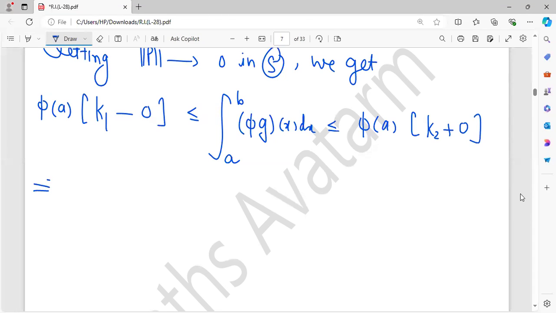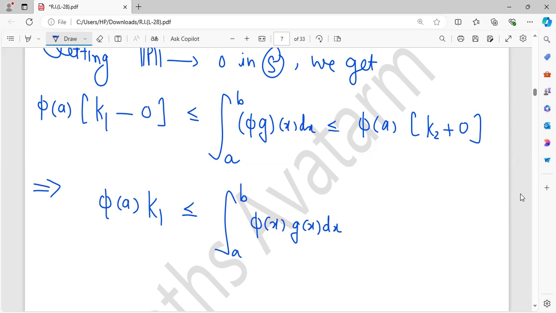So we have phi(a) K_1 is less than or equal to the integral from a to b of phi(x) g(x) dx, which is less than or equal to phi(a) K_2.